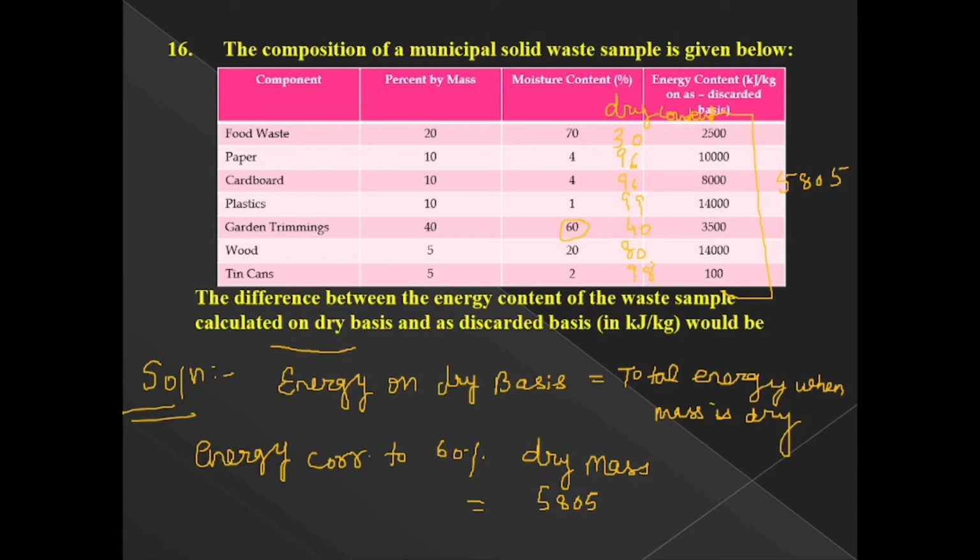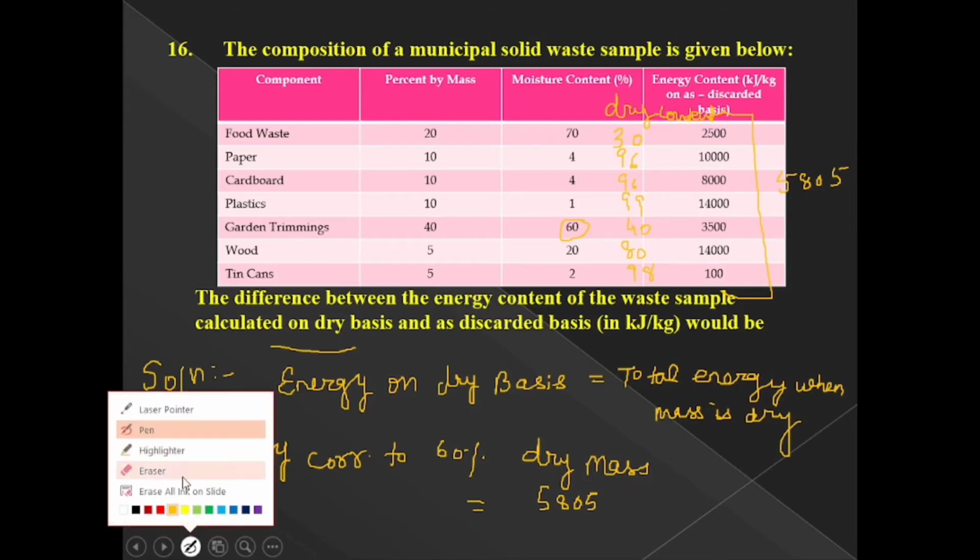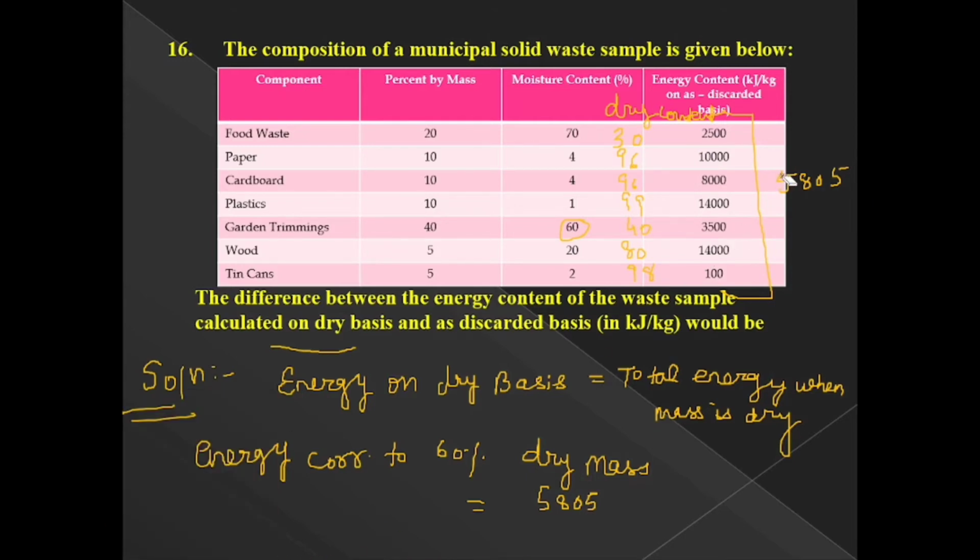Now energy in the discarded state can easily be calculated, that is given to us, that is 2500 for each. So from here we can easily calculate the total dry mass from the percentage by mass and the dry content.